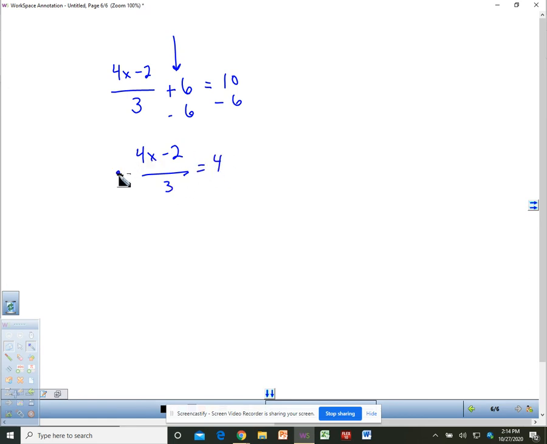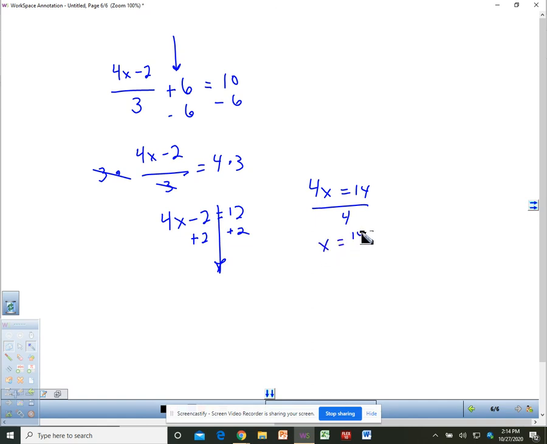Now here we times by 3 to get rid of these 3's, leaving me with 4x minus 2 equals 12. Now I can drop my anchor, add 2. So 4x equals 14. Divide by 4, and x equals 14 over 4, which I can simplify down to 7 over 2.